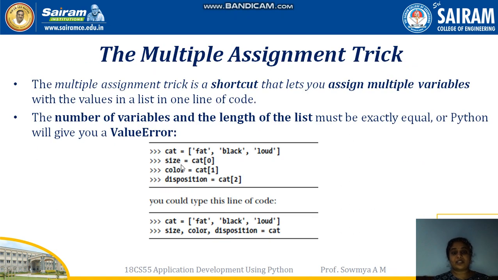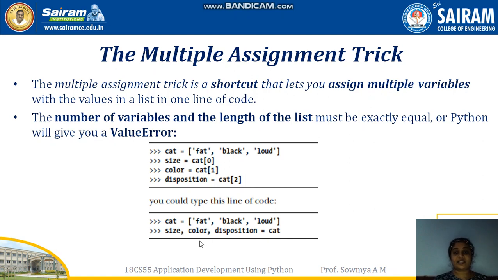So cat at 0 is the size, that is fat, cat at 1 is black, that is the color, and the disposition is loud, how it sounds.